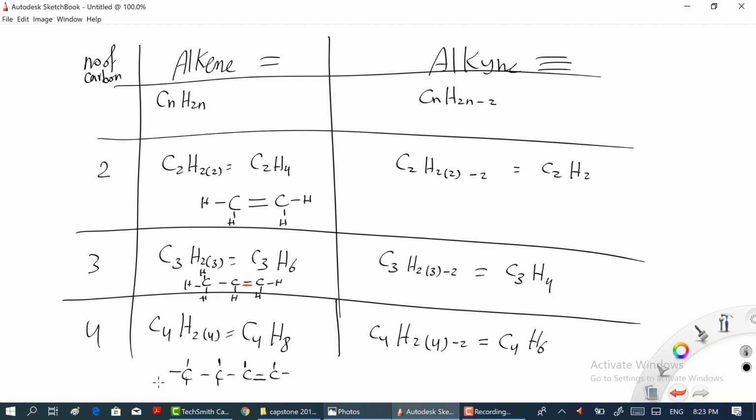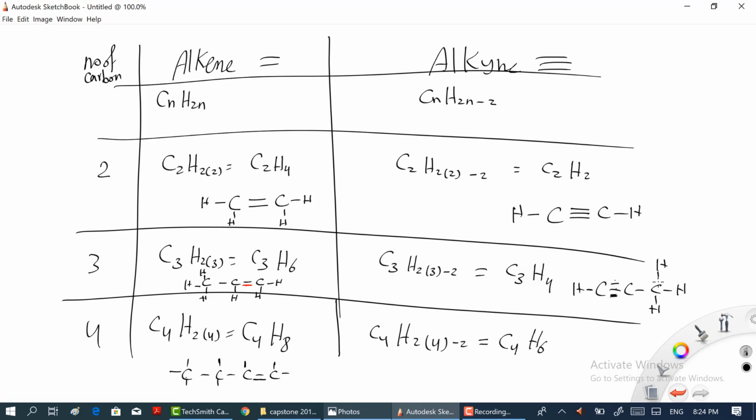And for the alkyne, CnH2n subtract 2, when I have a triple bond, 1 hydrogen and 1 hydrogen. For this atom, 3 bonds, 1, 2, 3, triple bond. This only needs 1 hydrogen. This atom does not need any hydrogen since it is surrounded by 4 bonds, 1, 2, 3, 4, and this atom needs 4.